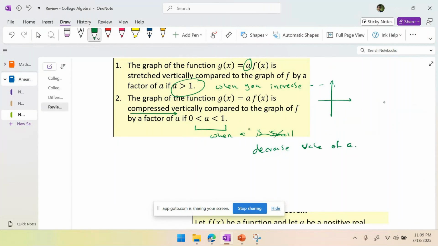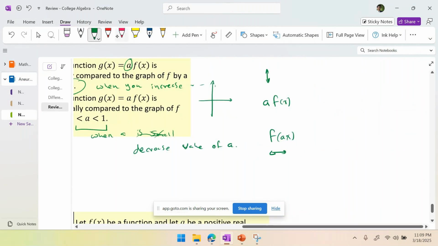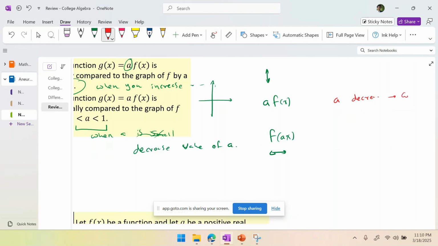So basically, if you have a f(x), this is for the vertical compression and stretching. When you have f(ax), that is for horizontal compression and stretching. But the difference is, for the vertical case, when the a value is decreasing, it compresses. But for this one, when a decreases, it stretches.